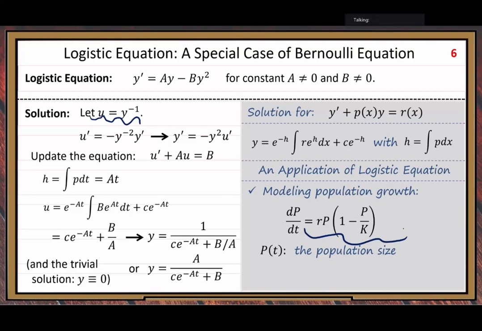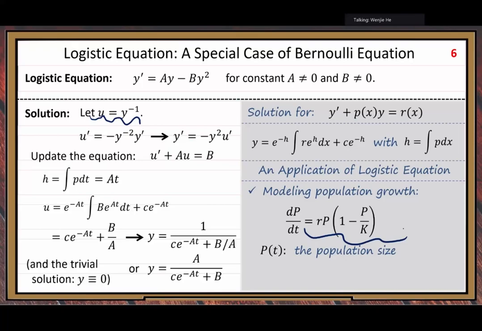Question. Isn't this also based off of the interest formula, like economic interest? No, that one is very restricted. This model is more complicated than that one.